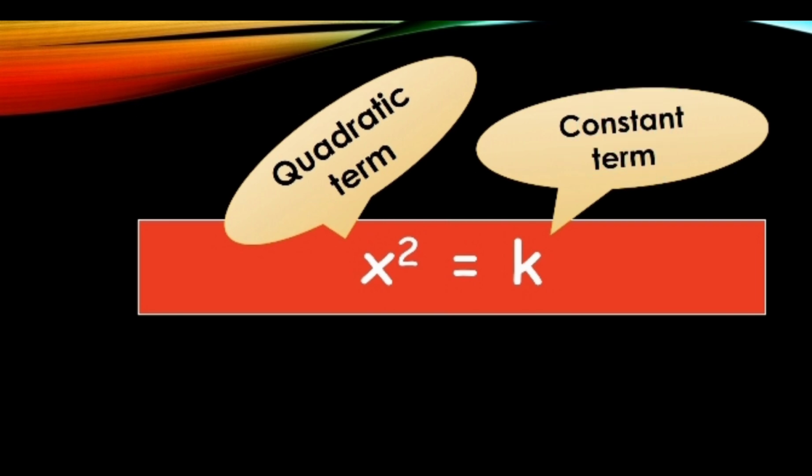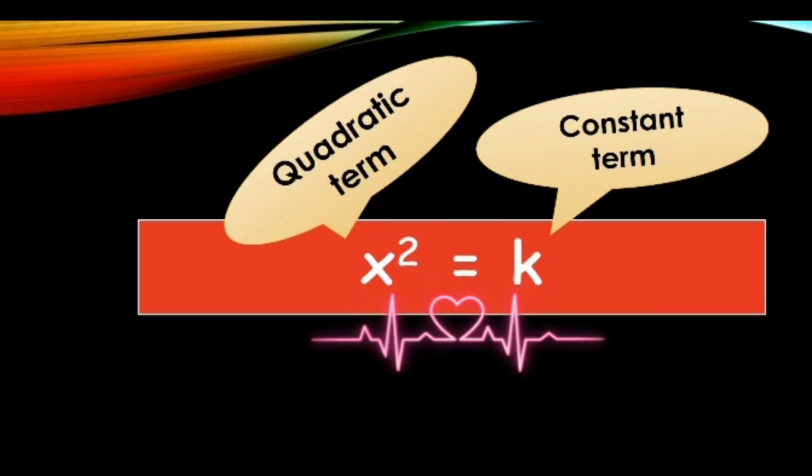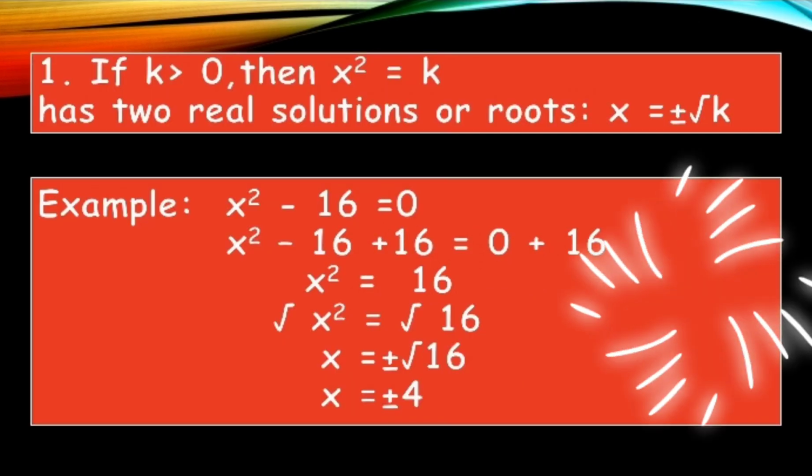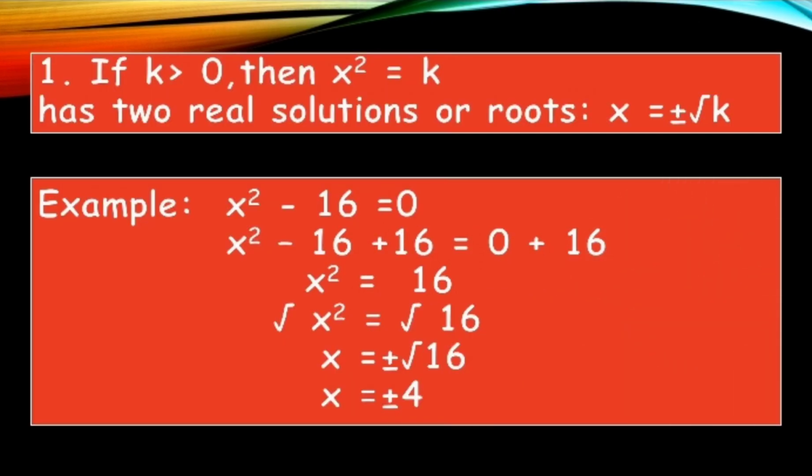So, kapag makakakita tayo ng quadratic equation na ang kanyang format ay x squared is equal to k, yun ay gagamitan natin ng pamamaraan ng extracting the square. Number 1 condition. If your k is greater than 0, then x squared is equal to k has two real solution or roots.